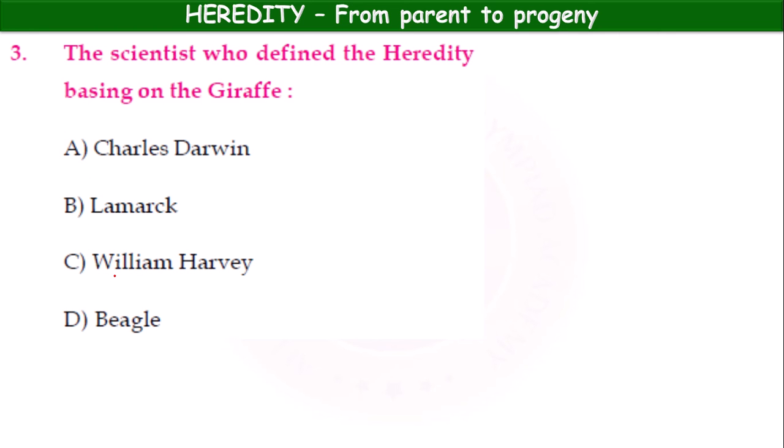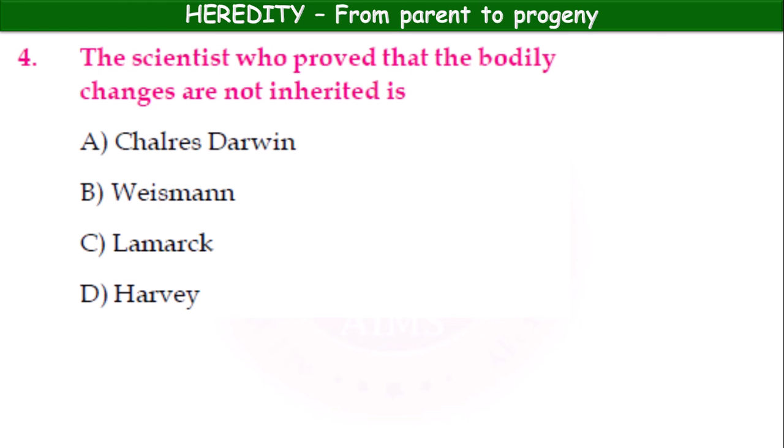The scientist who defined the heredity basing on the giraffe: Charles Darwin, Lamarck, William Harvey, Beagle. It is Jean Lamarck who explained use and disuse theory, okay, inheritance of acquired characters, isn't it? How giraffe was evolved. The scientist who proved that the bodily changes are not inherited.